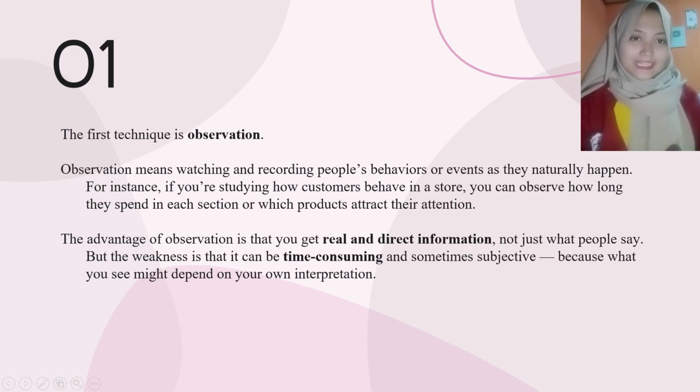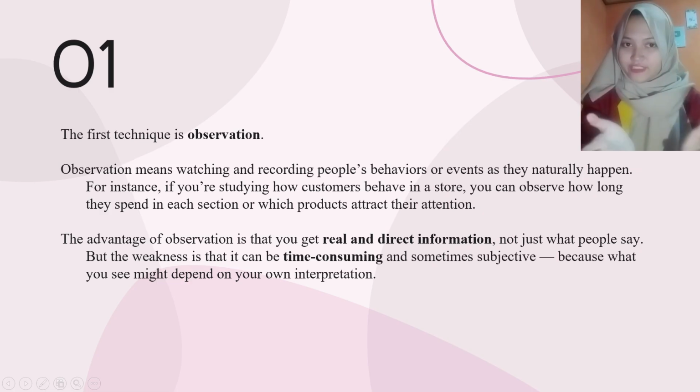Number one, the first technique is observation. Observation means watching and recording people's behaviors as they naturally happen. For instance, if you're studying how customers behave in a store, you can observe how long they spend in each section or which products attract their attention.